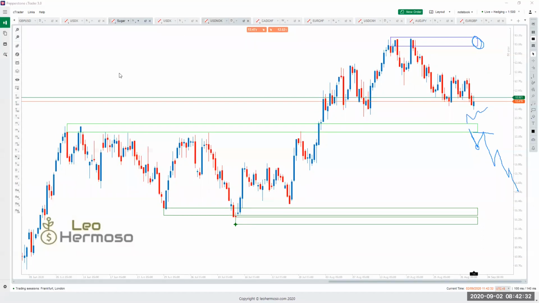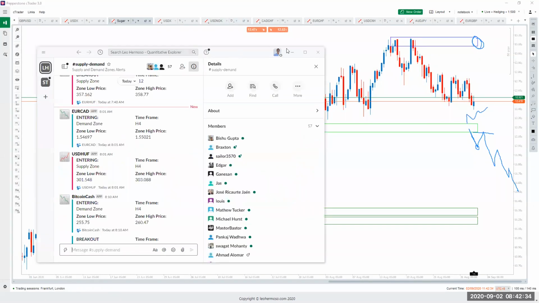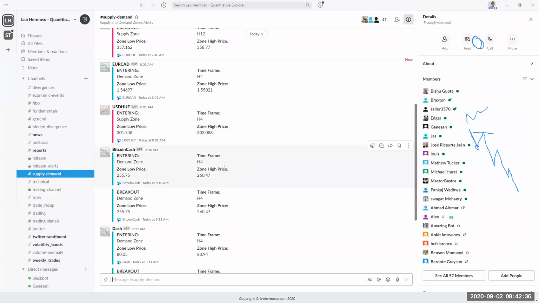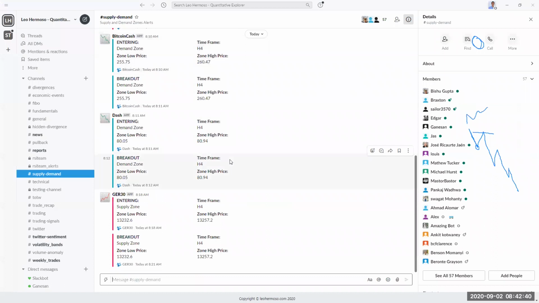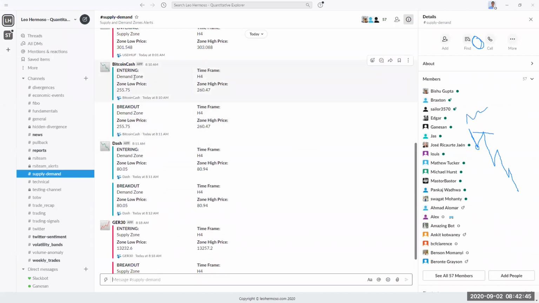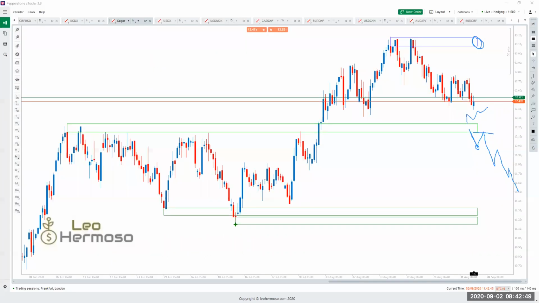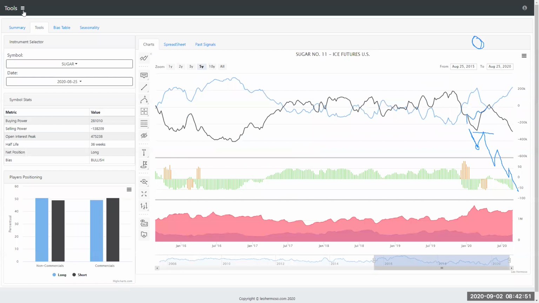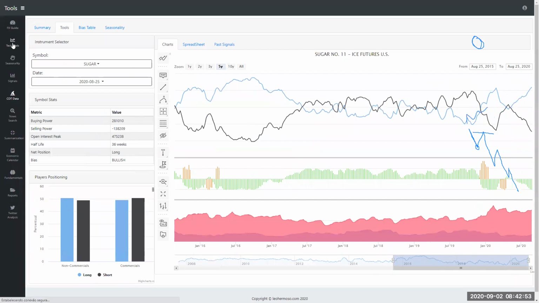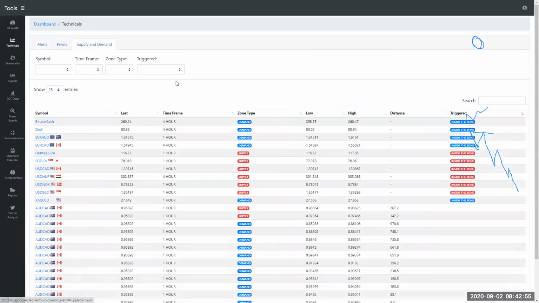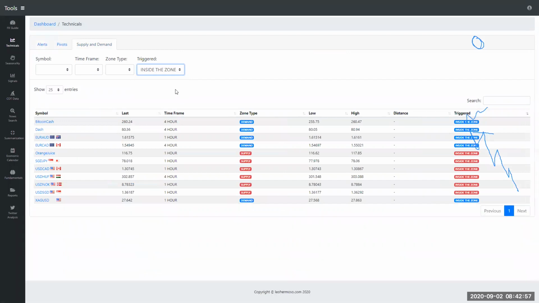Why am I posting all the alerts, everything, on the Slack chat? Well, because for example, I don't trade Dash or Bitcoin Cash, but someone can. Also, right now the supply and demand tool is almost real time.